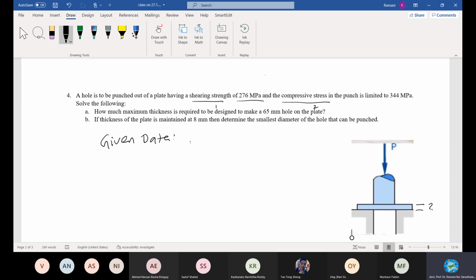You need to make a hole of diameter 65 mm. The diameter of the hole is given to you in the first case. I'm talking about case number A. For case number A, load is not given, but the stresses are given. Diameter is given, thickness is not given. You need to find it out. Same method of working, but you rework to find the required answer.